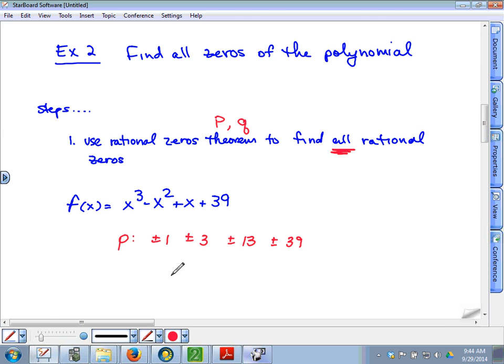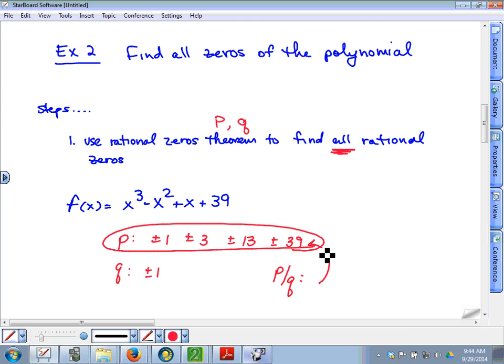So there aren't very many of them. Q, luckily for us, is just plus or minus 1. So the P divided by Q list is just this list right here. Since Q is equal to 1, then P over Q is just P. Those are the possible rational zeros.